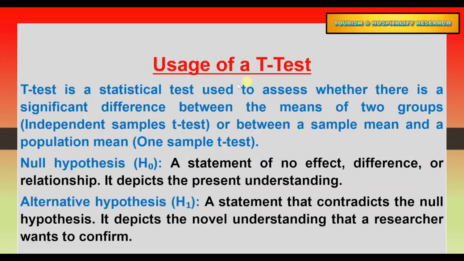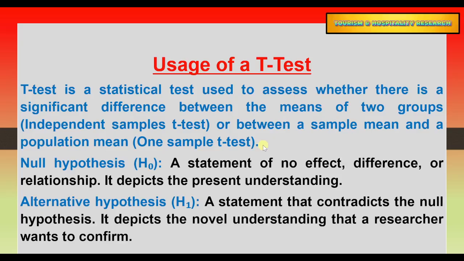Usage of a t-test. A t-test is a statistical test used to assess whether there is a significant difference between the means of two groups. That was the independent samples t-test, which I showed you in the previous video, or it could be between a sample mean and a population mean, that is one sample t-test.